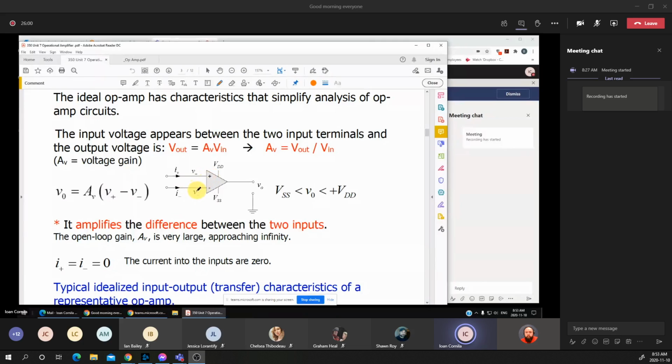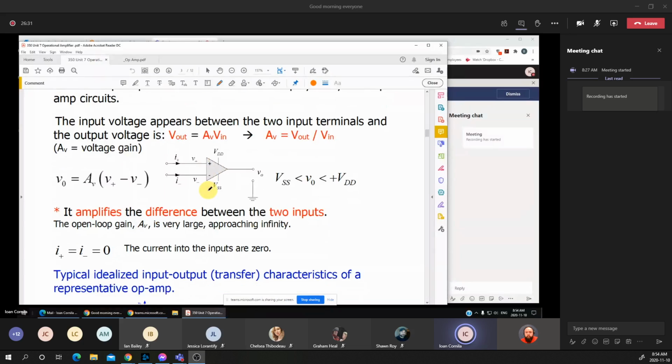The lowercase v minus is the input voltage to the inverting input. The output voltage, V0 or V out, will amplify the difference between the two input voltages, meaning V plus minus V minus multiplied by the gain of the operational amplifier.